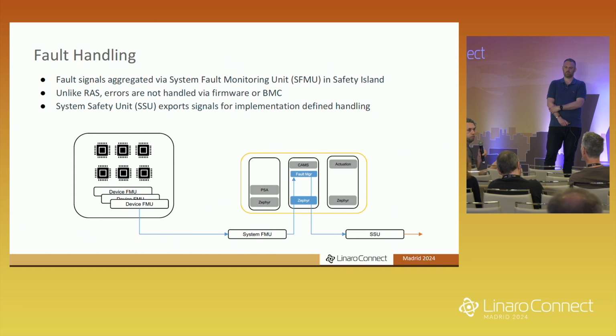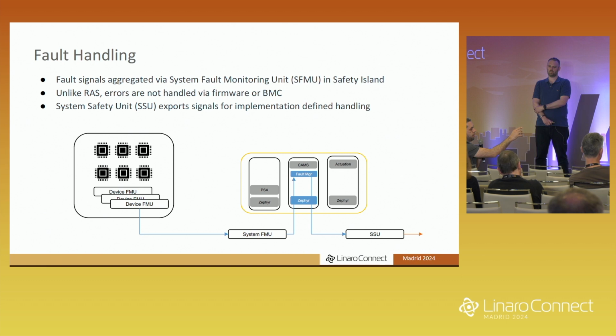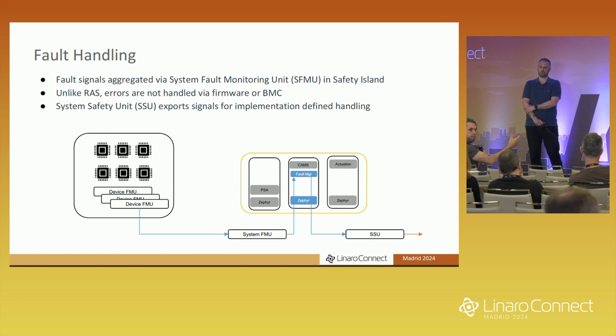What we still need to close the loop on is how, for example, the safety island can interpret that. If it can do something about it, it might manage the error. But ultimately, if it's not a fatal error, it can potentially still inject that error back in. So that's something we're still looking to see what the final shape will be, to be honest.